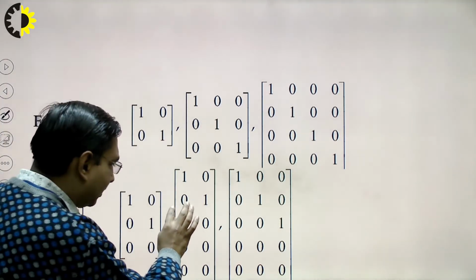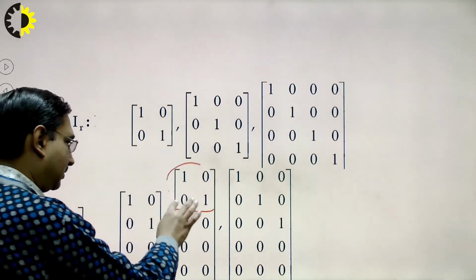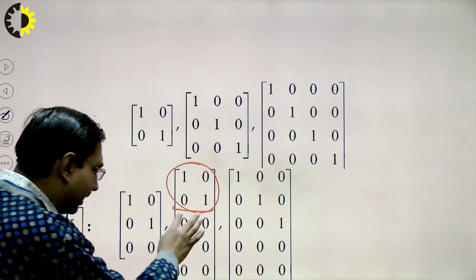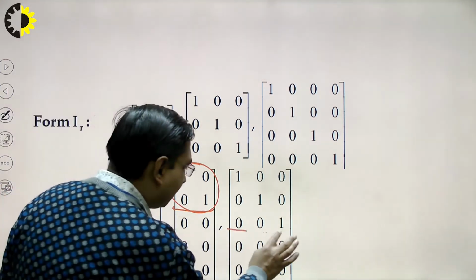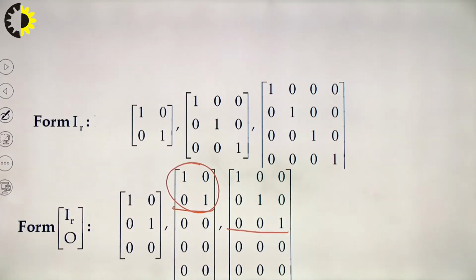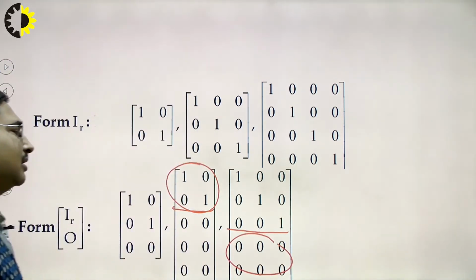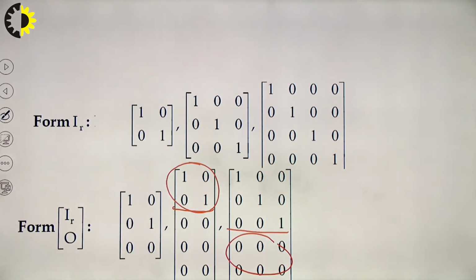In the second example, the upper part has the identity matrix, and the remaining elements of the matrix below that are 0. Here the upper part is again the identity matrix, and the remaining elements below that identity matrix are 0. So, each of these matrices is in the form [I_r; O].